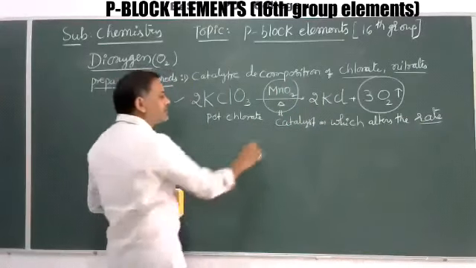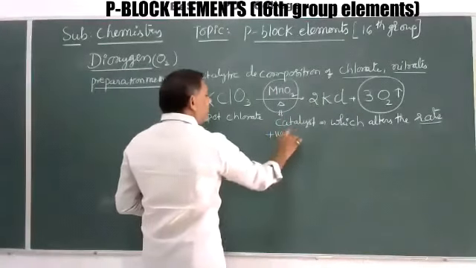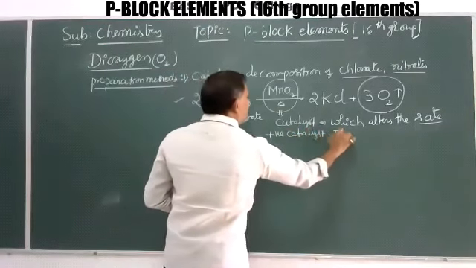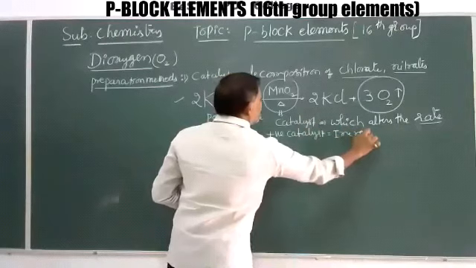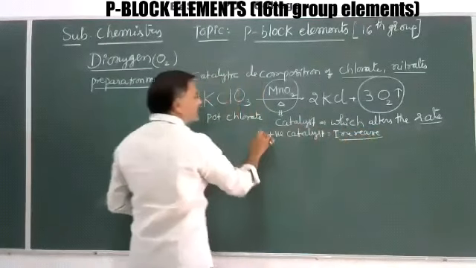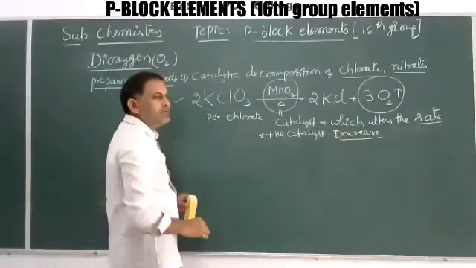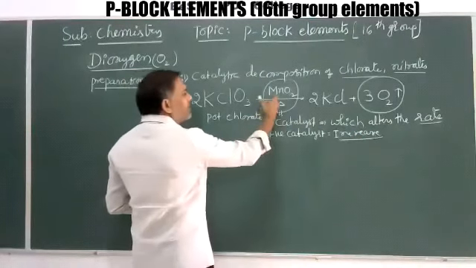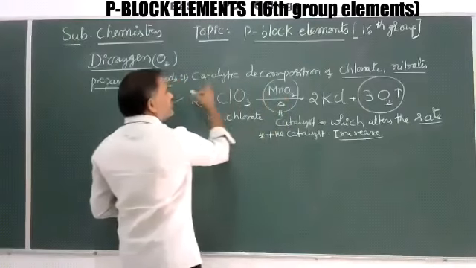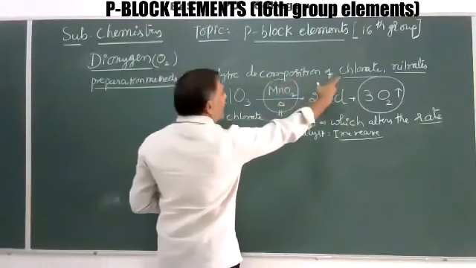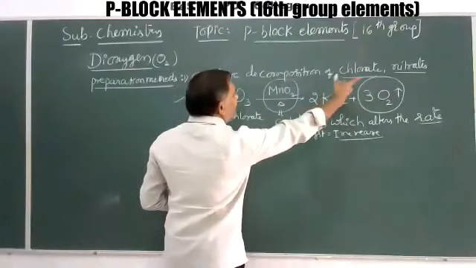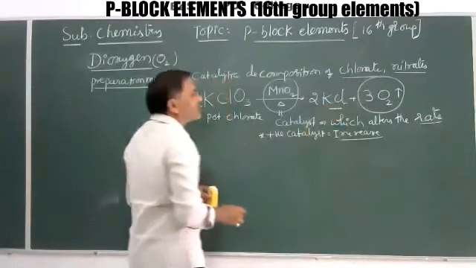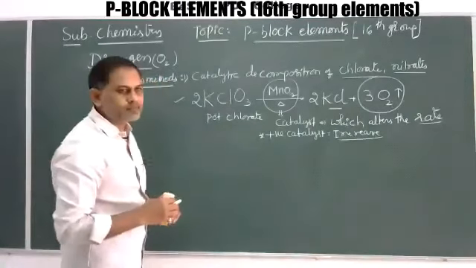A positive catalyst increases the rate of the reaction, and a negative catalyst decreases it; alter means changes. Manganese dioxide acts as a good catalyst. That's why in the catalytic decomposition of potassium or sodium chlorates and nitrates, it gives the corresponding salt plus oxygen.